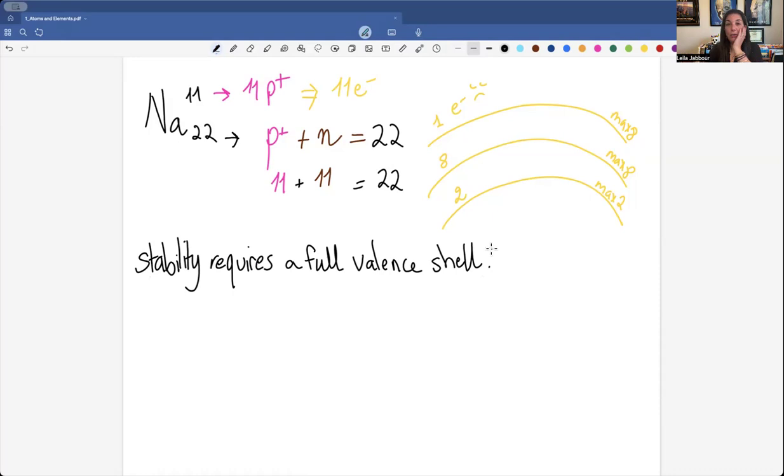So what do we do? Here we have 1. And to fill this valence shell, we have to add 1, 2, 3, 4, 5, 6, 7 electrons from somewhere to make this atom happy and stable.